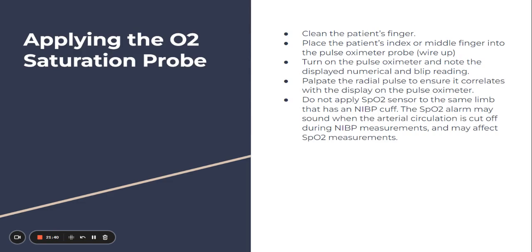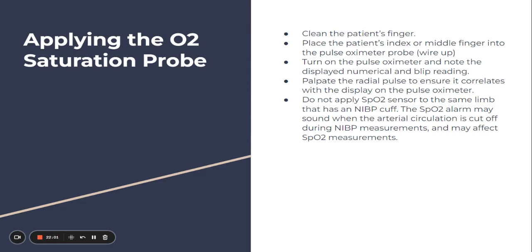One thing that's important is to not apply the SpO2 sensor in the same limb as the NIBP cuff. So NIBP, non-invasive blood pressure. That means that's the BP cuff that we use. The SpO2 alarm may sound when the arterial circulation is cut off during the NIBP measurement and may affect the SpO2 measurement. So this is something that I'm sure everyone's going to do, but it's okay.